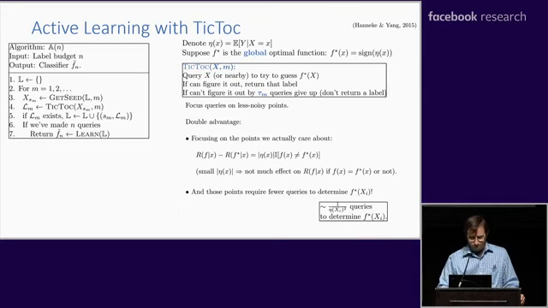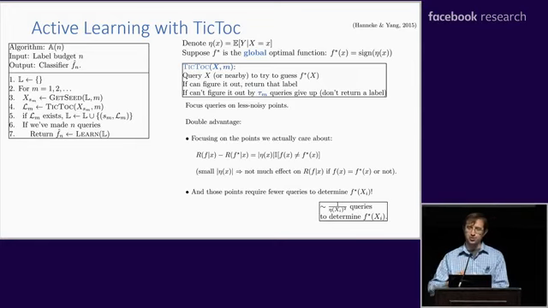So now what this TICK-TOCK subroutine, this denoising routine, is going to do is essentially query: if you give it a point x, you say, I want to know f-star's label at x. So now it's going to query, let's say, either at x or maybe very nearby. And there's some analysis you can do to show that there's a kind of metric where very nearby has an importance in VC classes. So if you query very nearby to this point x, you can get labels that are essentially like independent draws from y given x.